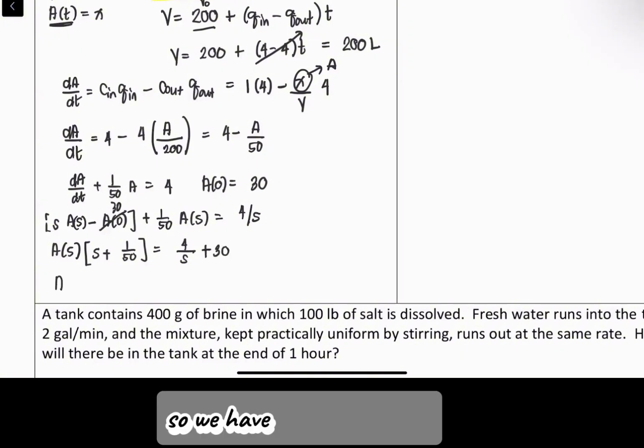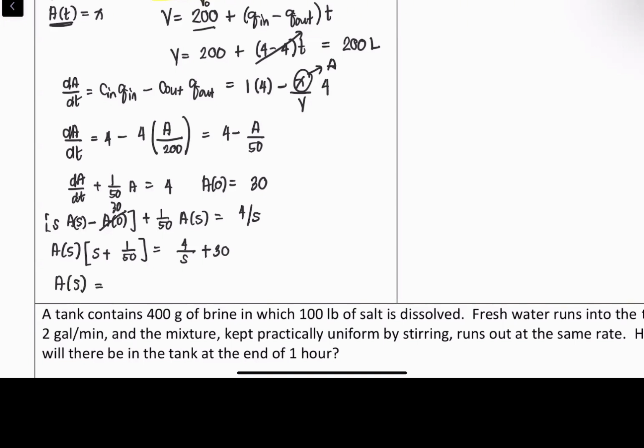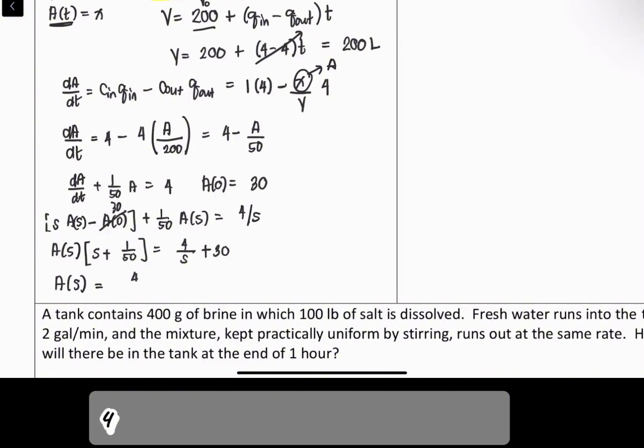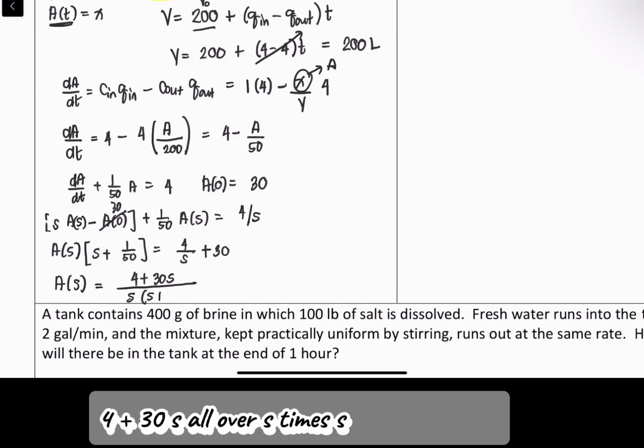So we have A of S is equal to 4 plus 30S all over S times S plus 1 over 50.